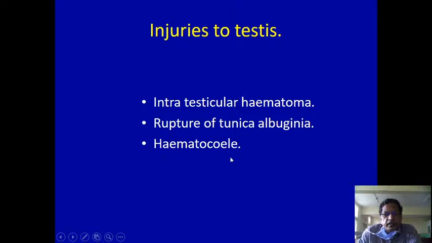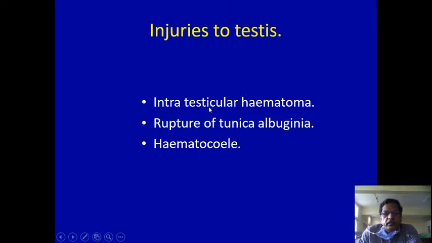The hematocele is a condition where there is accumulation of blood within the two layers of the tunica vaginalis, that is the parietal and visceral layers. It usually occurs when the tunica albuginea gets ruptured and the bleeding accumulates in this.